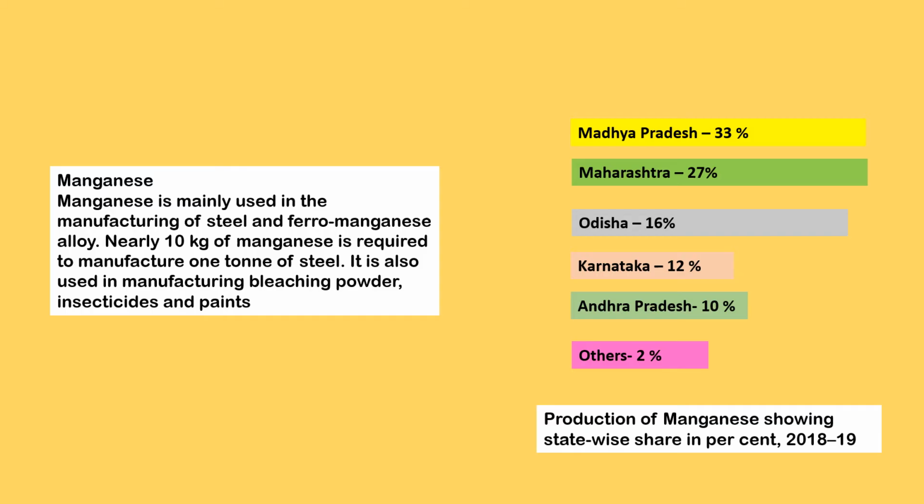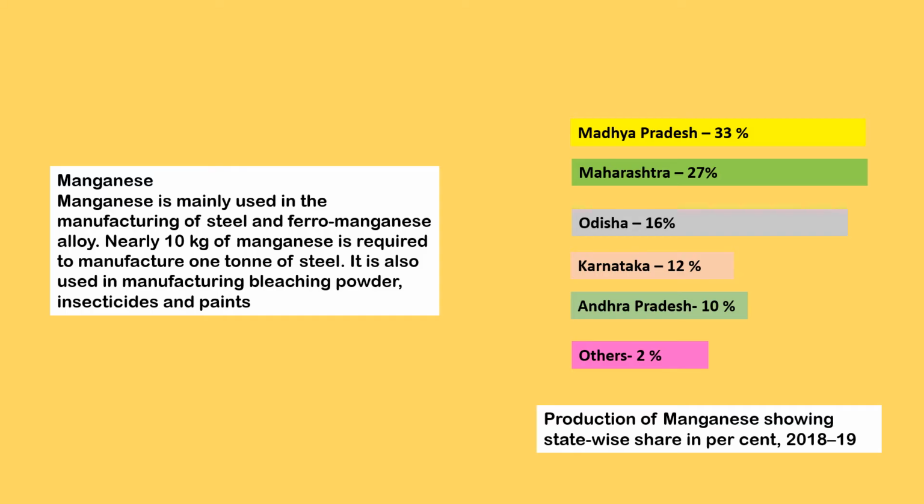Manganese. Manganese is mainly used in the manufacturing of steel and ferromanganese alloy. Nearly 10 kg of manganese is required to manufacture 1 ton of steel. It is also used in manufacturing bleaching powder, insecticides and paints. You have to again write and learn, children. In Madhya Pradesh, 33% of manganese is found, Maharashtra 27%, Odisha 16%, Karnataka 12%, Andhra Pradesh 10%, others 2%.